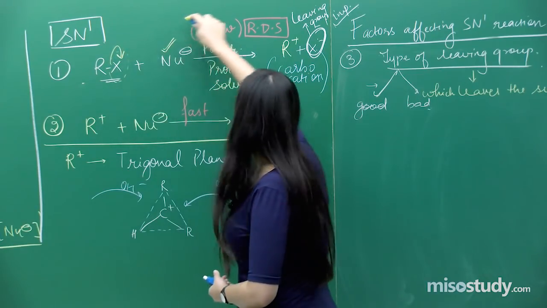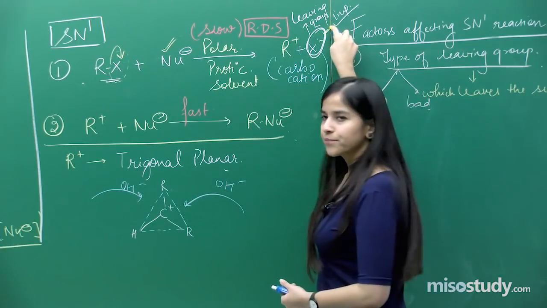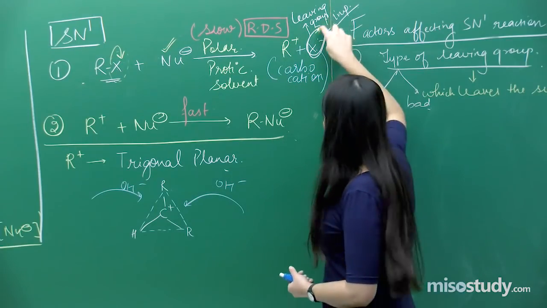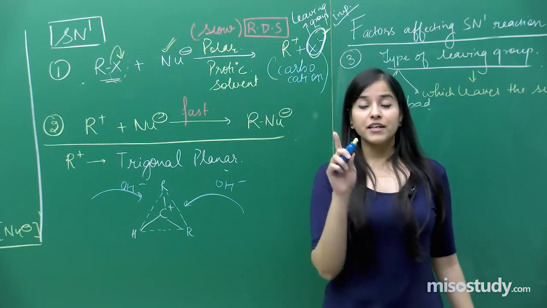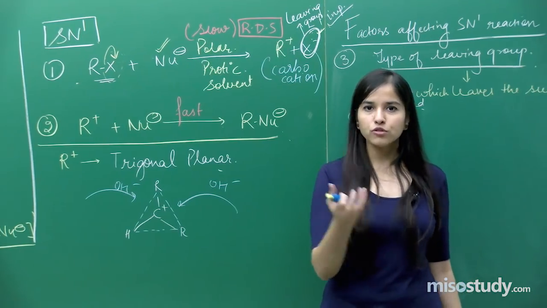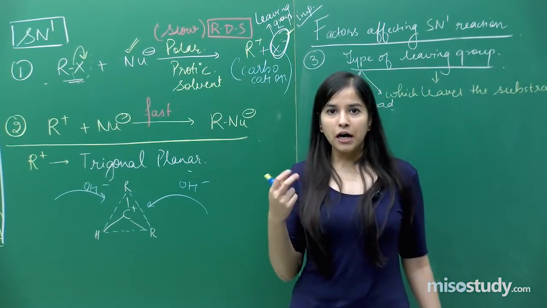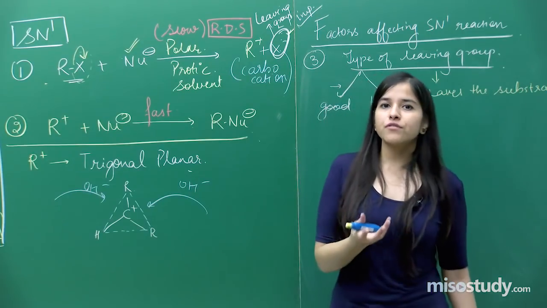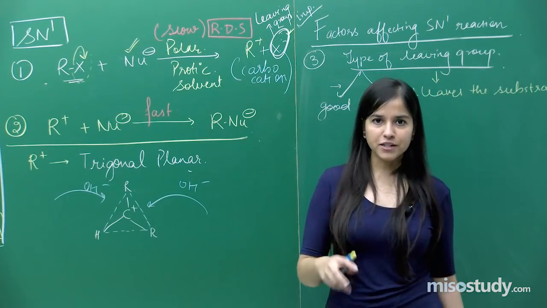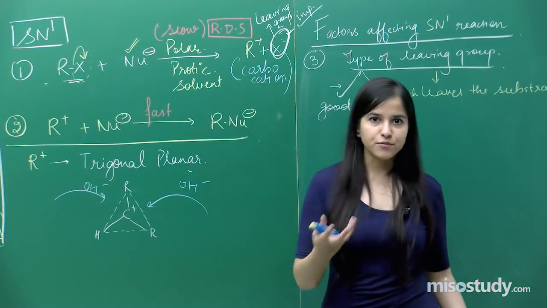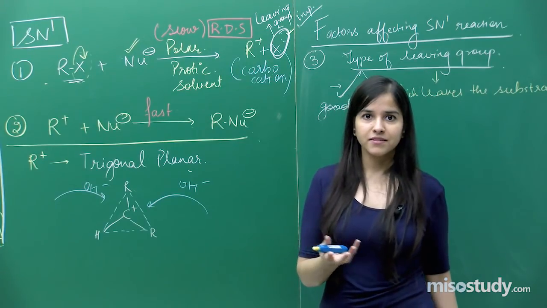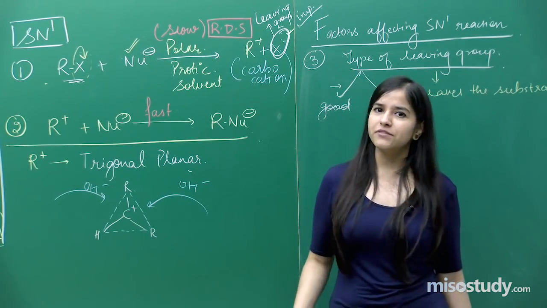It took all the negative charge and then was removed. That means it has enough capability to hold on to those electrons. How does it have so much capability? That means it has enough space. It is bigger in size. Clear? So that is what a good leaving group is.